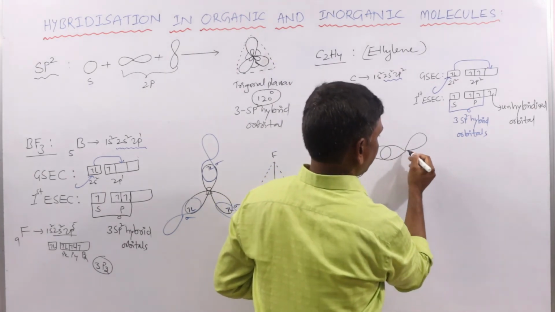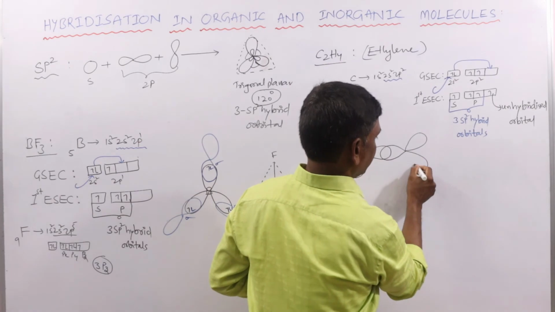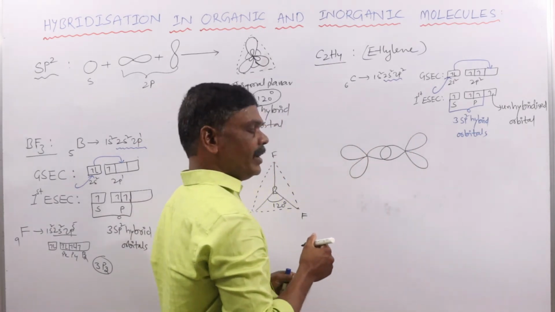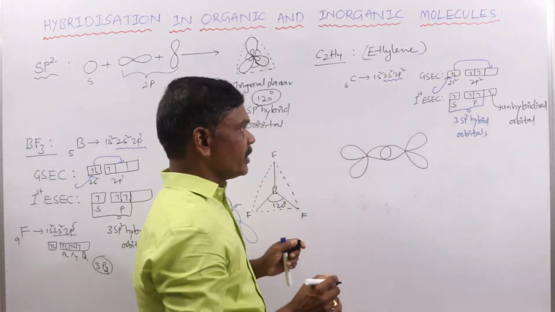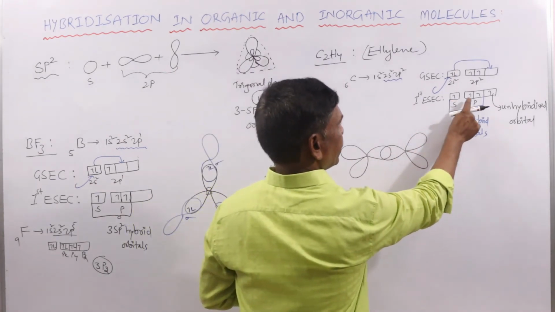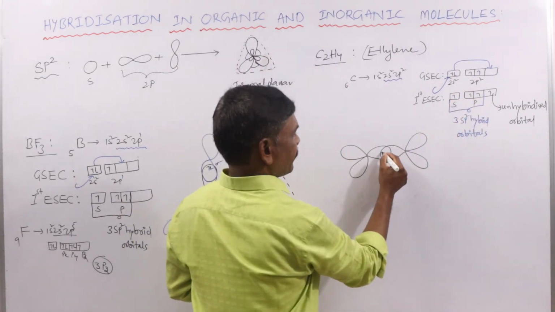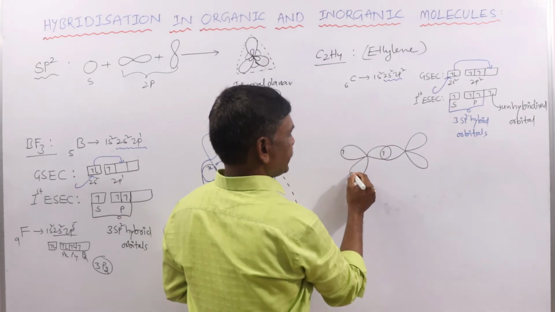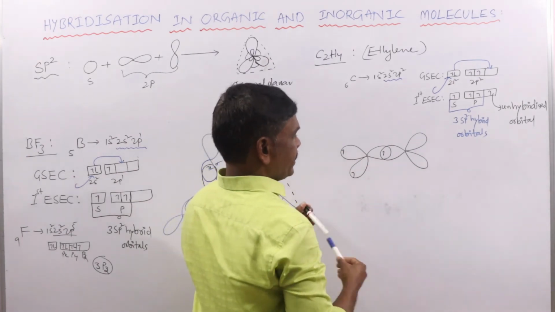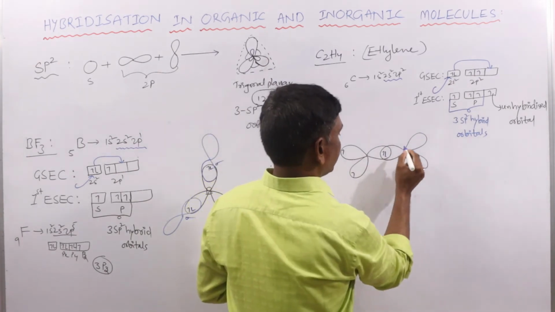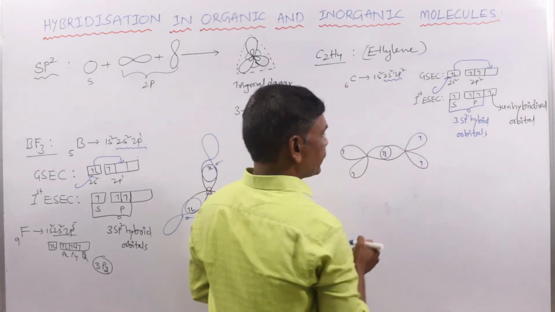Each orbital has one unpaired electron, so the first carbon atom has 3 unpaired electrons, and the second carbon atom also has 3 unpaired electrons.